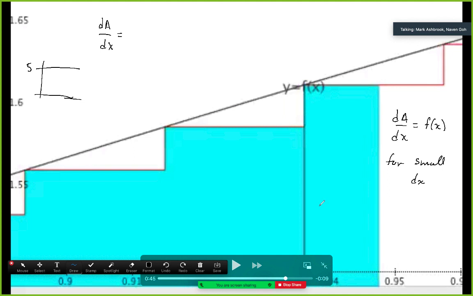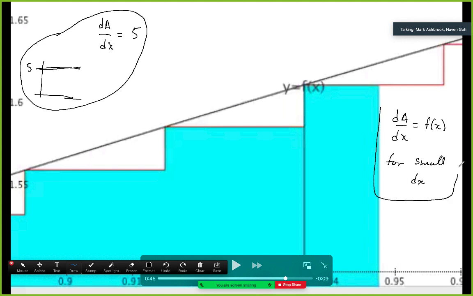But for a small change in x, we can assume we have this case here, and we know the rate of change was just the value of the function, 5. So for a changing function, we can also assume the rate of change is the value of the function, as long as we keep taking a small enough value of dx.